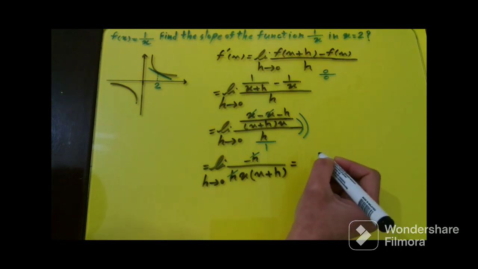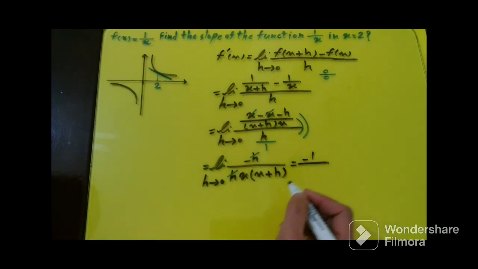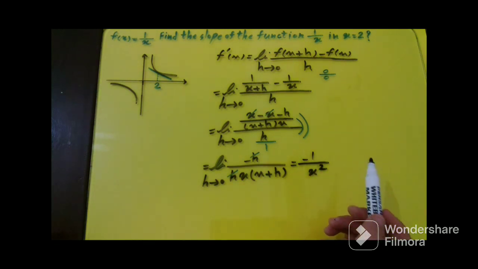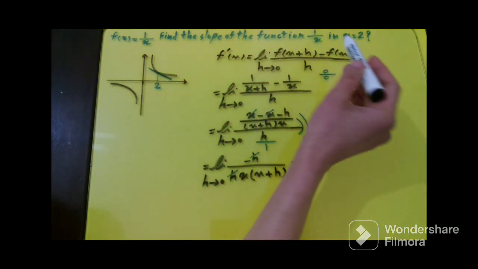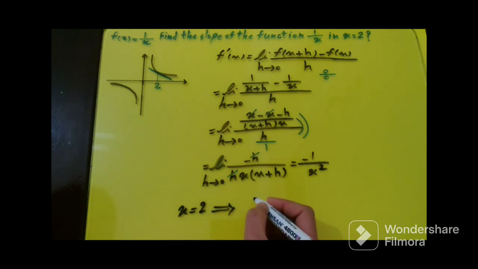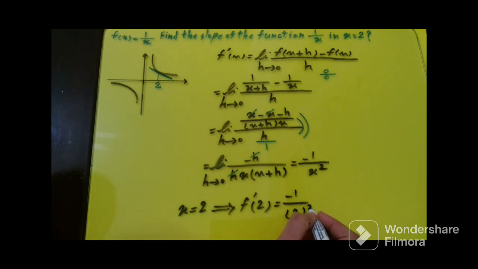In the end, we have -1 over x squared. Now, as we should find the slope of the function at 2, x equals 2. f prime of 2 is -1 over 2 squared.